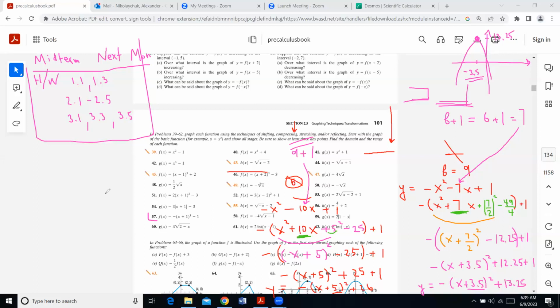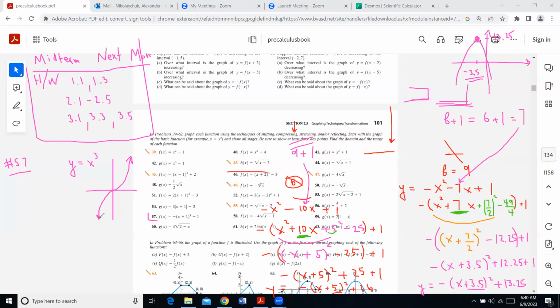Exercise 57 asks to deal with a cubic parabola. So you need to recall that y is equal to x cubed has a special graph with one end that points up and the other end of this parabola that points down.